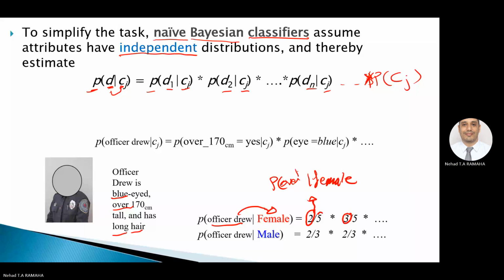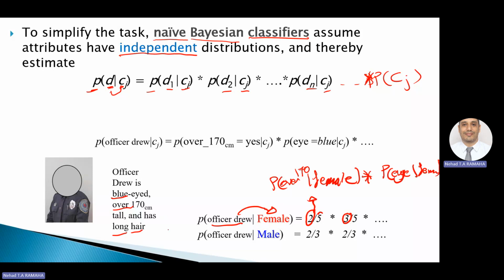Over 170, multiplied by the probability of eye color with female. Which eye color? It's given for you.